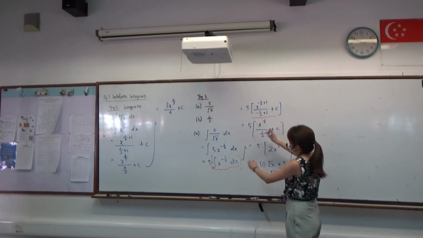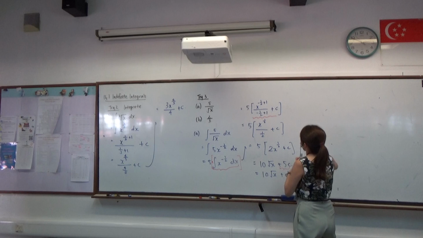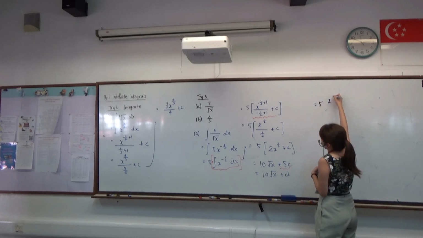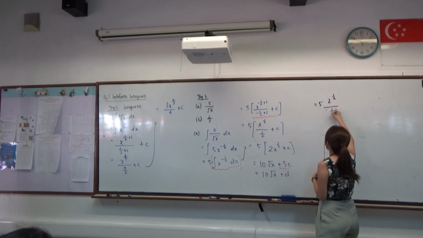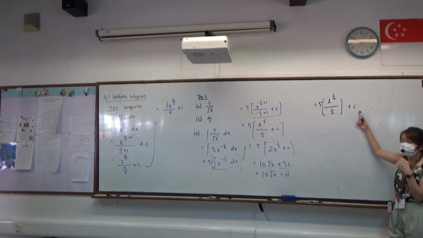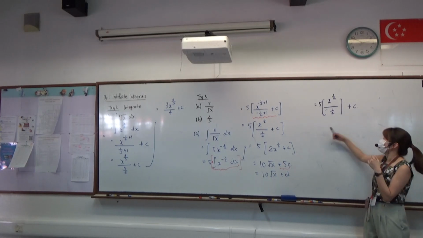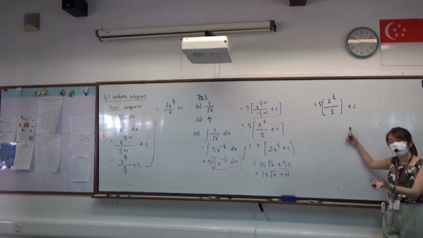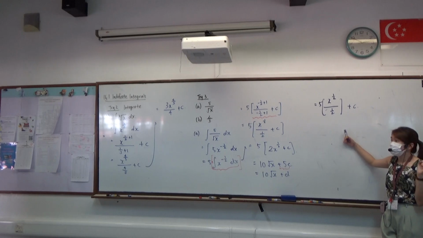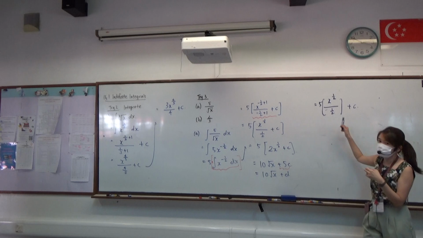Since you're looking at integration of this, if you like, you could also consider just 5x to the power of half over half plus c outside also can. Just that this c will no longer be the same as this c. But you must still have the plus constant number. So you must have this plus c idea. You will not be penalized if you write it this way or you write it this way.